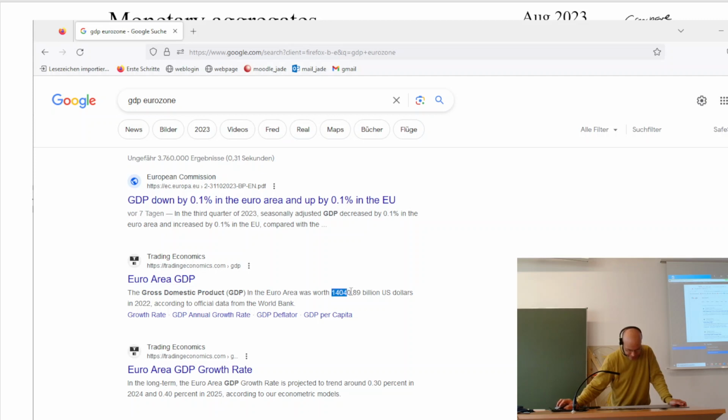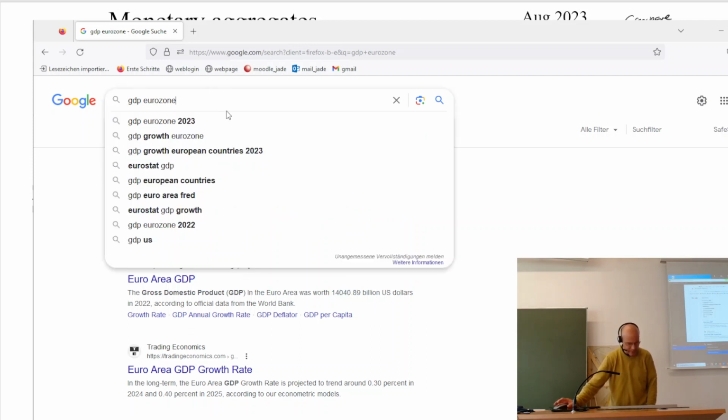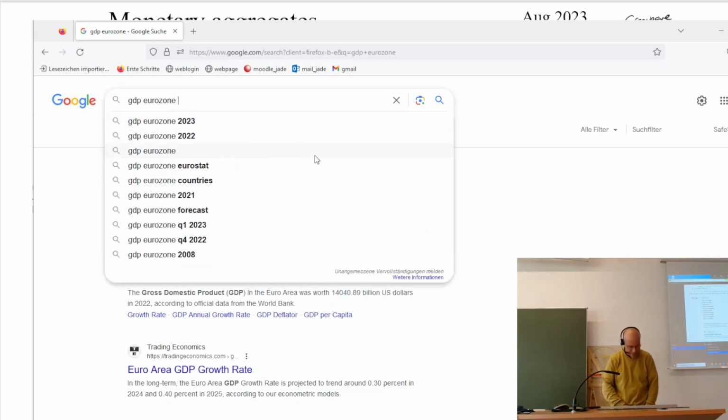There, 14. No, this is in US dollar, and we have an exchange rate of 1.07. So it should be roughly 13, I think, then, in euros.